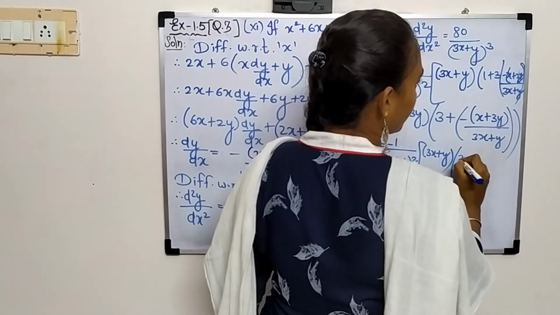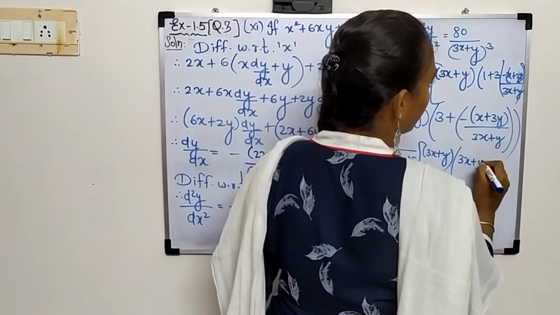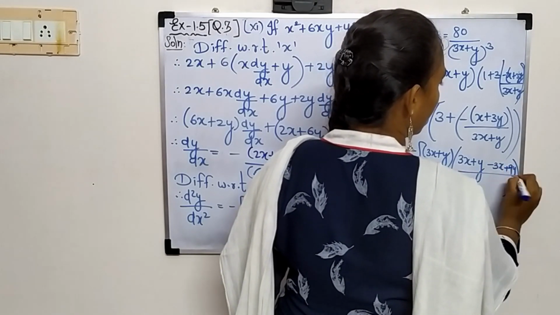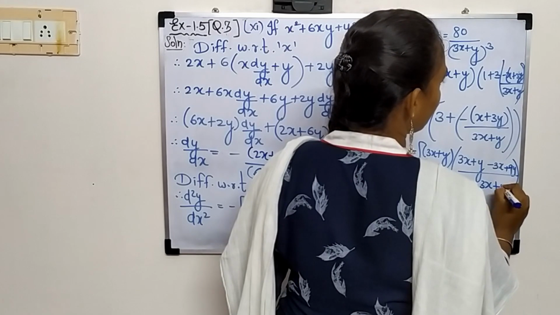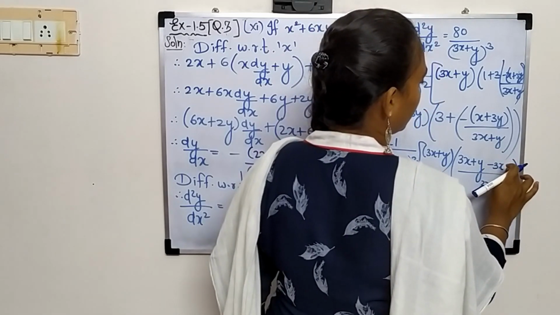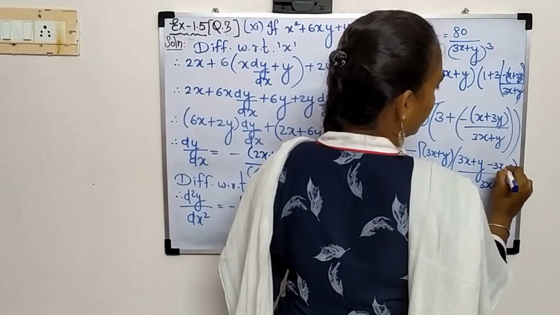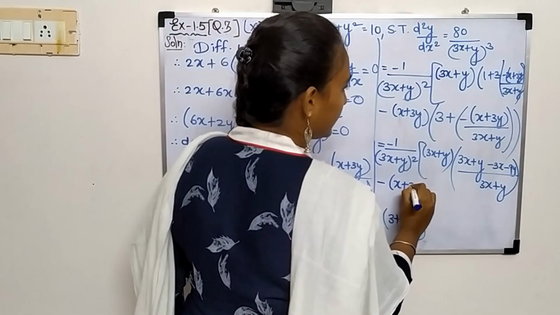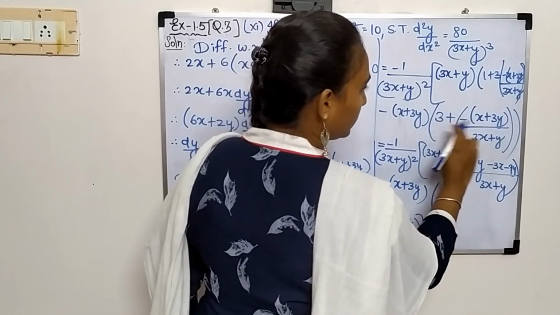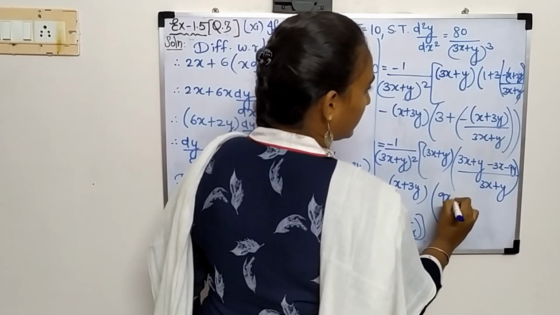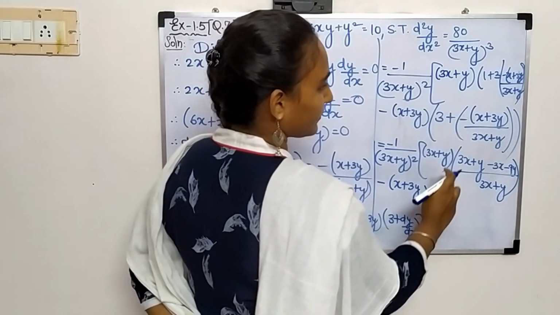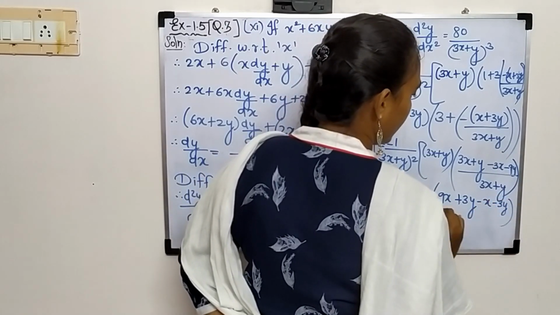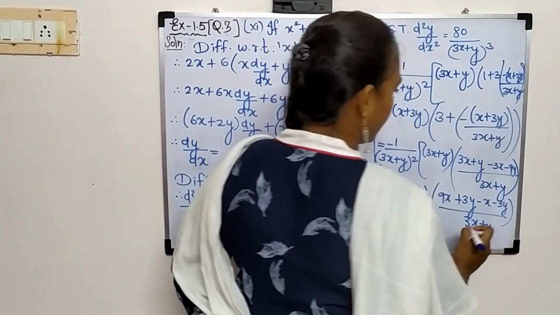So this will become (3x plus y) minus 3x plus 9y upon 3x plus y, minus 9y upon 3x plus y, minus (x plus 3y) into, cross multiply, (9x plus 3y minus x minus 3y) upon (3x plus y).